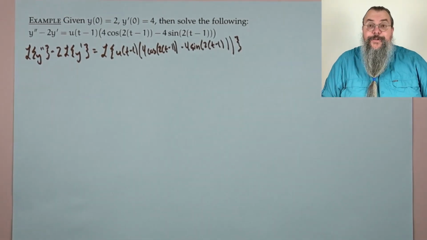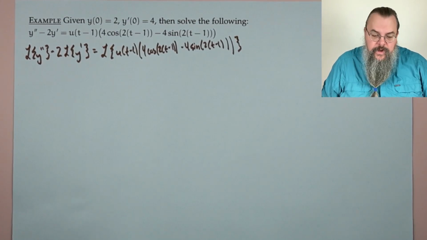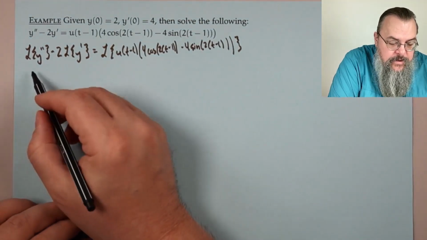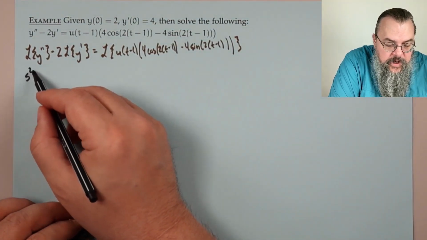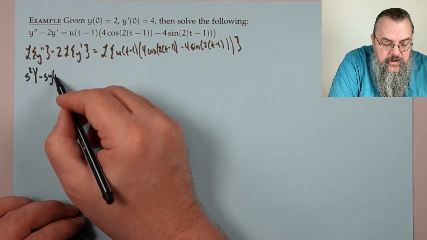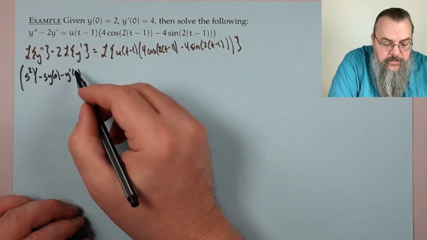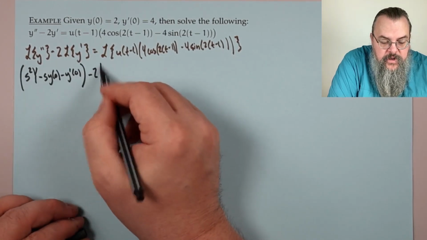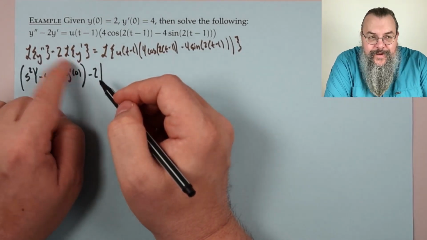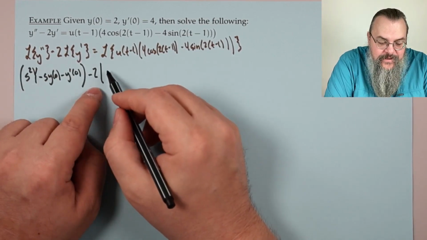Okay, well, term by term, what happens? Well, for y double prime, we're going to get s squared Y minus s y of 0 minus y prime of 0. Okay, that's the first part. Minus 2. Don't forget parentheses. It's exactly in situations like this that you don't want to forget your parentheses.